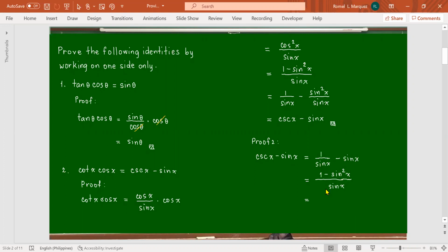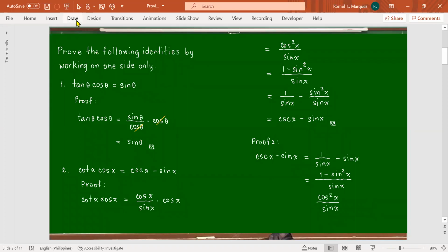Actually, that is from sine squared x plus cosine squared x is equal to 1. So we know that cosine squared x is equal to 1 minus sine squared x. So we write it as cosine squared x over sine x. Okay?